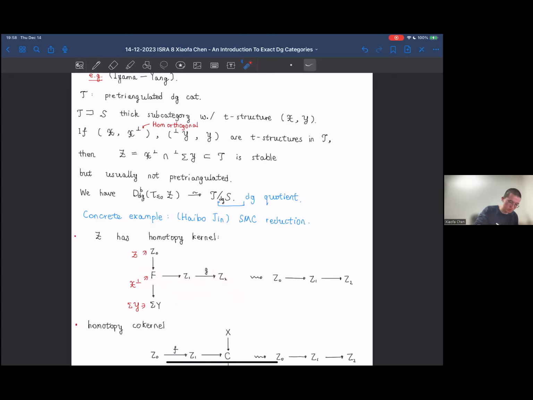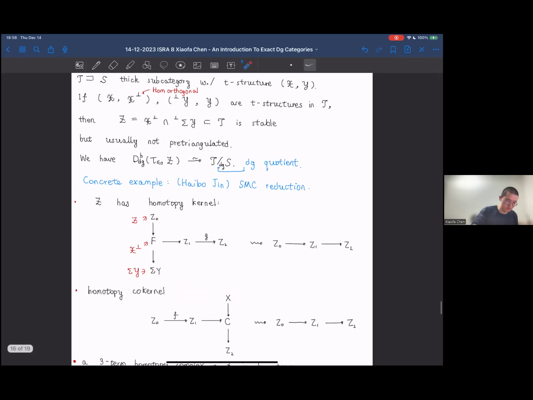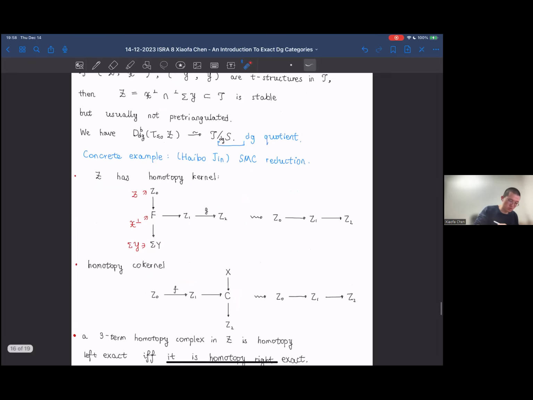So we only have to show that for objects Z here, there always exists a unique map here, such that this commutes. But this can be checked by using this orthogonality. So I think we can leave it as an exercise to check this. And the homotopy kernel is by duality.